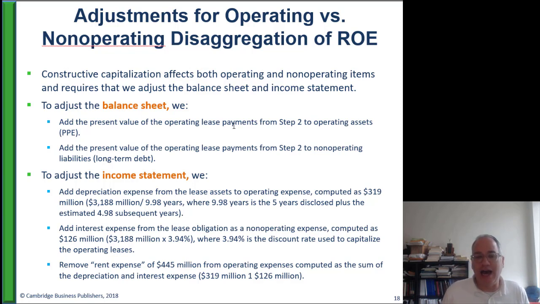If you're going to switch that and call it a capital lease, then you take the rent expense off and you put on instead depreciation expense and interest expense. So the rent expense is going to come out of operating expenses. The depreciation expense is going to get added to operating expenses, and the interest expense is going to be added to non-operating expenses because interest is a non-operating expense.